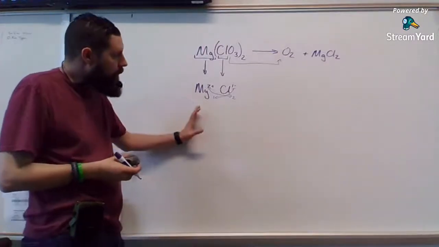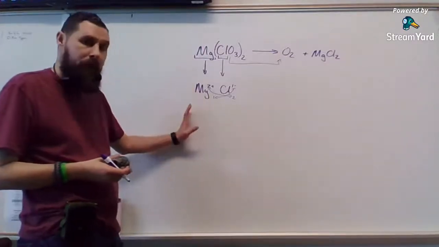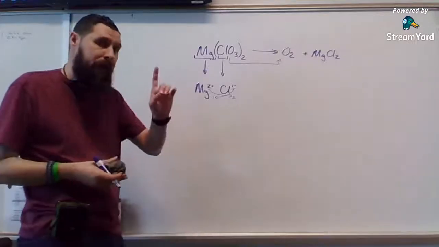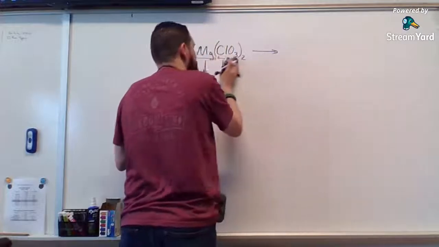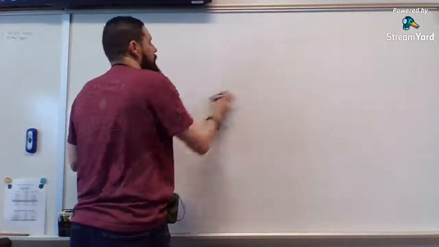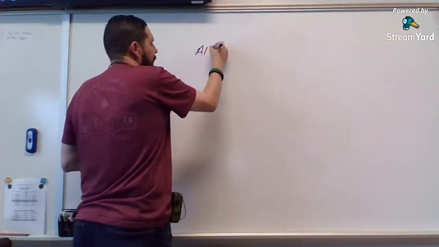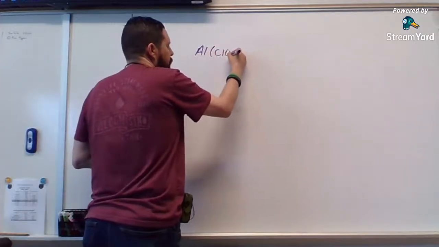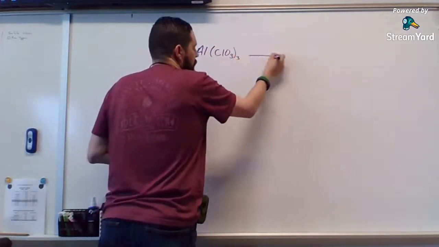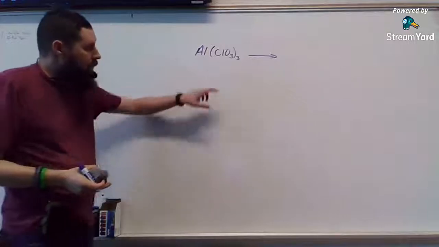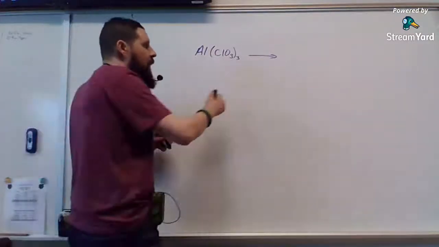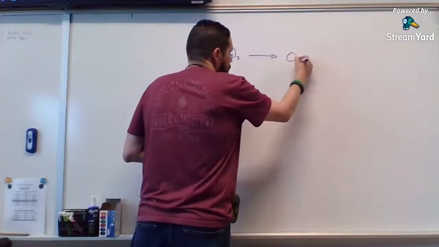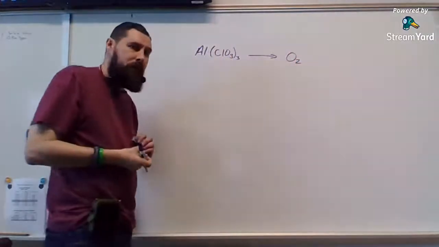So hopefully this is making sense, but let's look at one more. Let's go on and look at aluminum chlorate. So in this case, Al(ClO3)3 decomposes. And when I see metal with the chlorate, I focus in on the oxygen. That oxygen is where I'm going to get my O2.